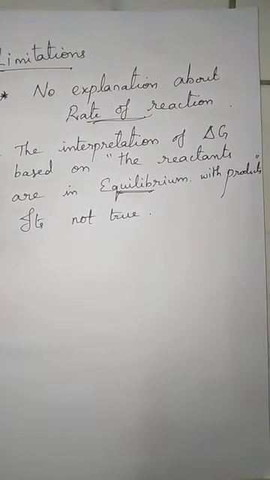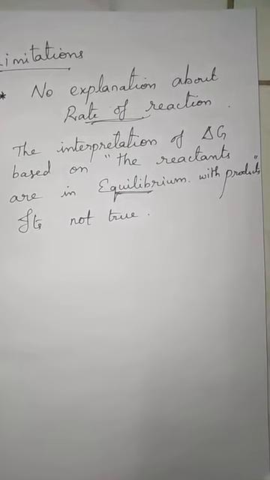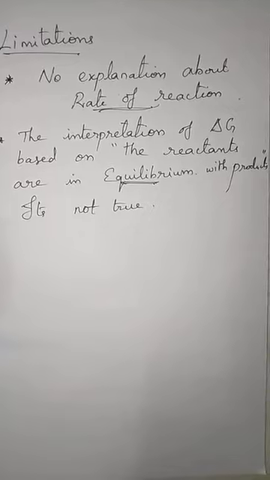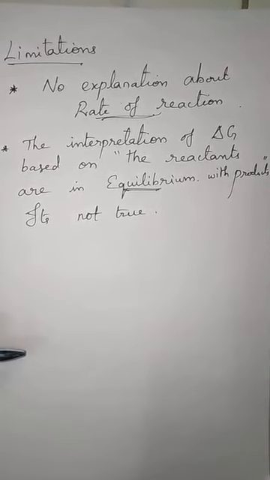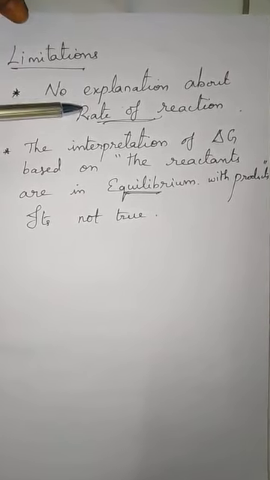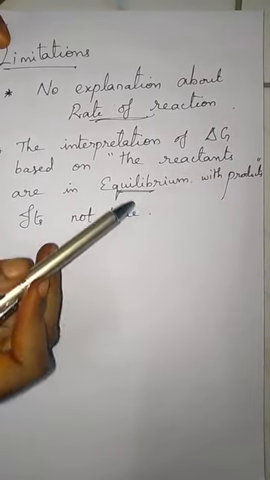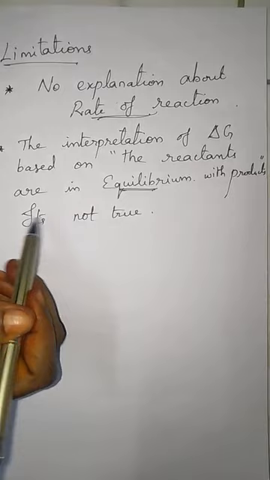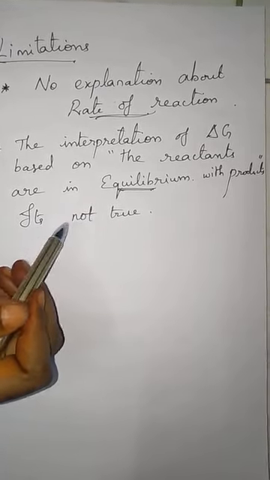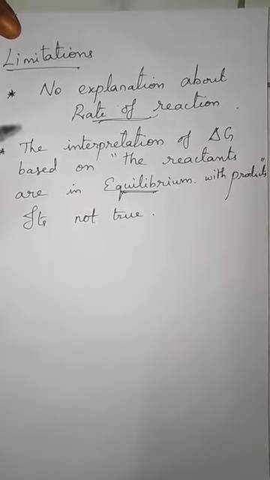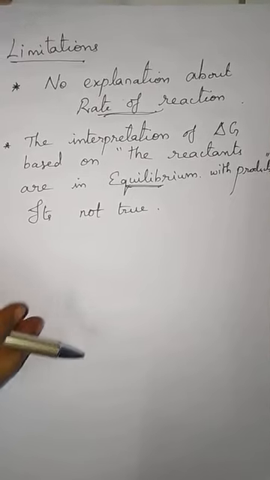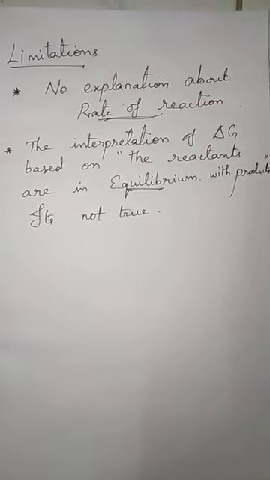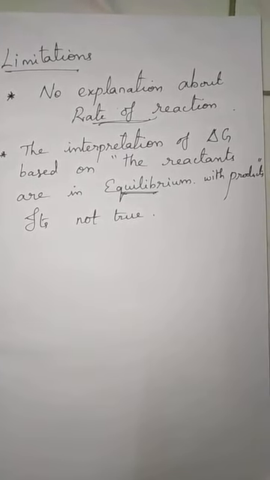So the equation should be balanced with the equilibrium, but this is not true for all the metal oxides. These are the two limitations: the rate of reaction is not explained, and the equilibrium is always related with the products, and the interpretation is not enough. These are the limitations of the Ellingham diagram, and make a note of everything about the Ellingham diagram.